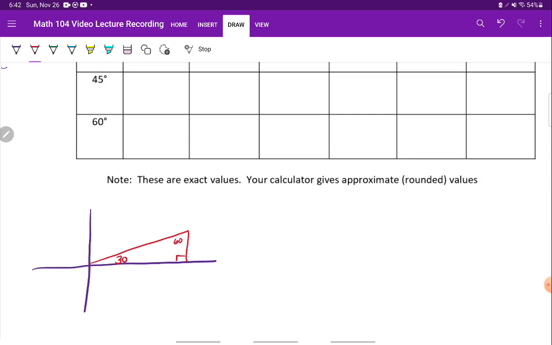Remember that the short side is across from the 30-degree angle and the long side is across from the 60-degree angle. And our generic ratios in a 30, 60, 90 triangle is that the short side is equal to x. The long side is x times the square root of 3, and the hypotenuse is 2x.